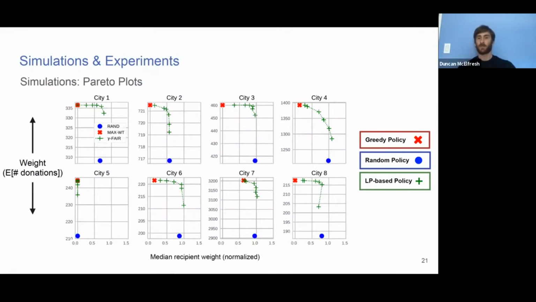So if we just blindly use this max weight policy guided by some machine learning algorithm, then we're going to prioritize some of those very high weight recipients over the low weight recipients. That's why our median recipient weight will decrease if we use the greedy policy.